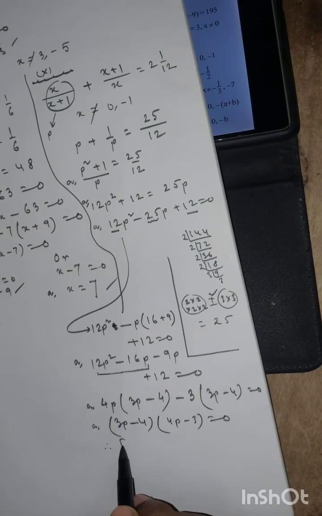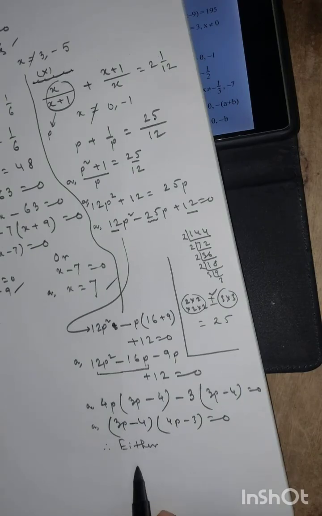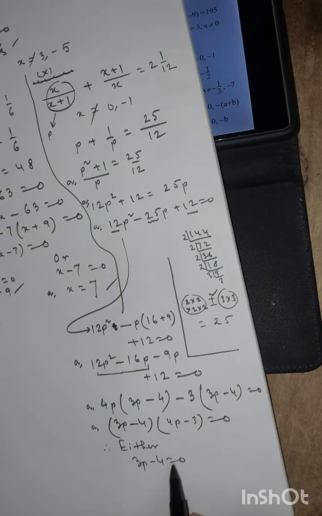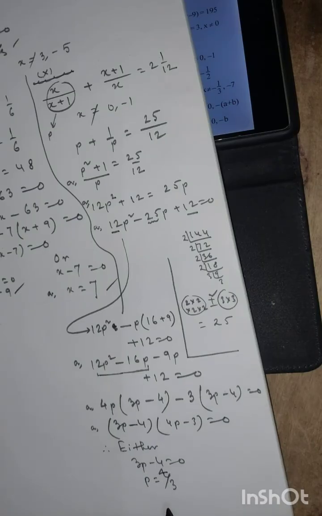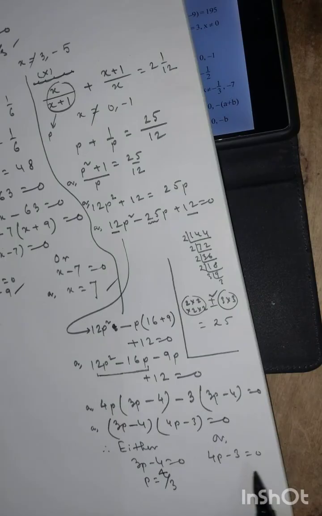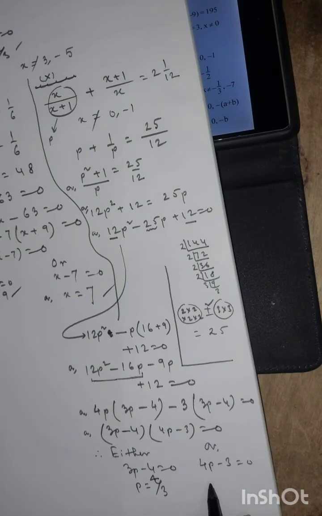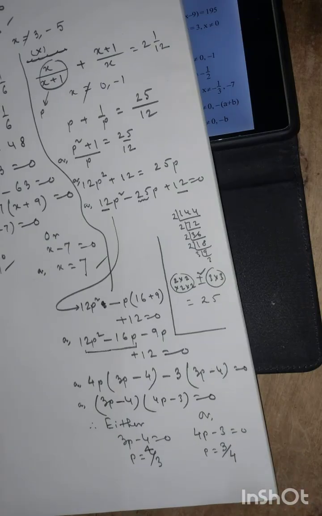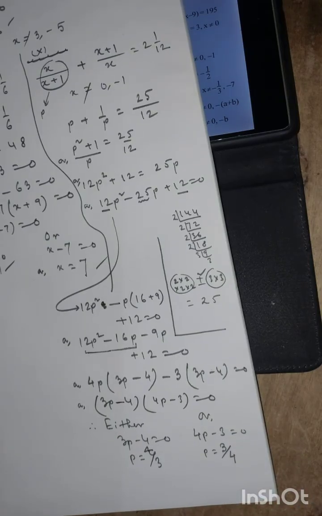Therefore, either 3p minus 4 equal to 0, that is p equal to 4/3, or 4p minus 3 equal to 0, that is p equal to 3/4. Okay, so the values of p we are getting are 4/3 and 3/4.